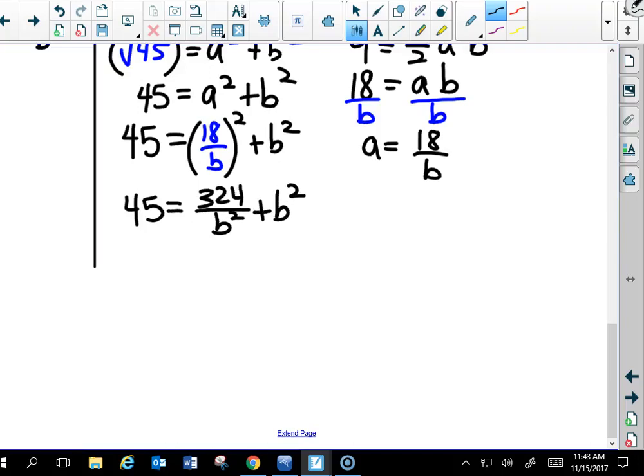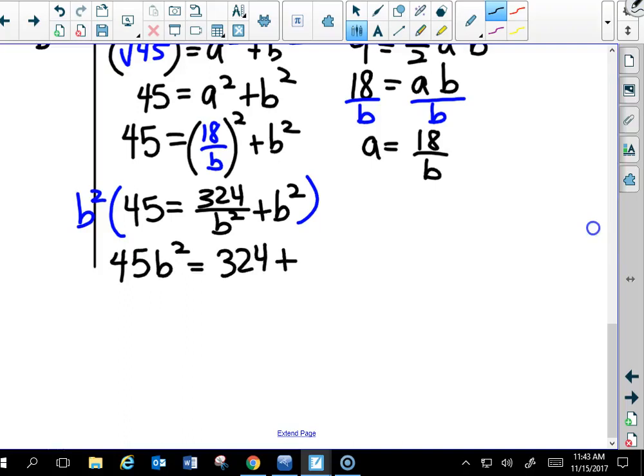That's a problem. I'm going to multiply everything by b squared. And I get 45 b squared equals 324 plus b to the fourth.